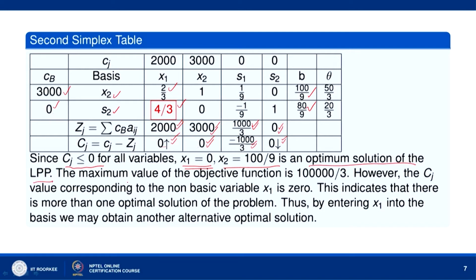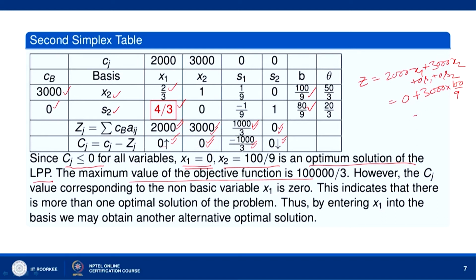The maximum value of the objective function is, you can see, Z equal to 2000 into X1 plus 3000 into X2 plus 0 S1 plus 0 S2. X1 is 0, X2 is 100 by 9, so 3000 into 100 by 9.